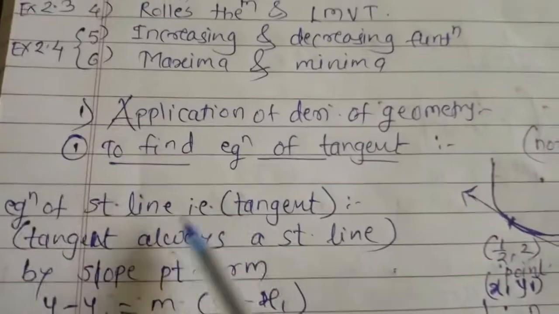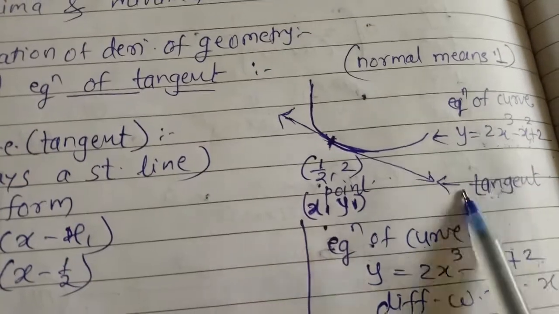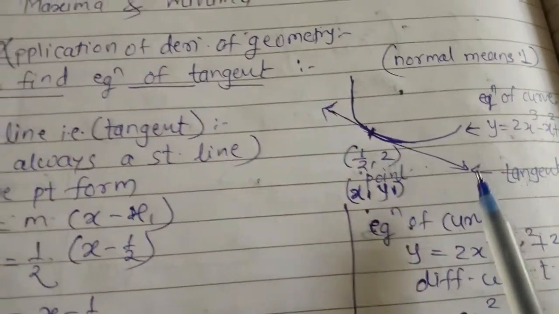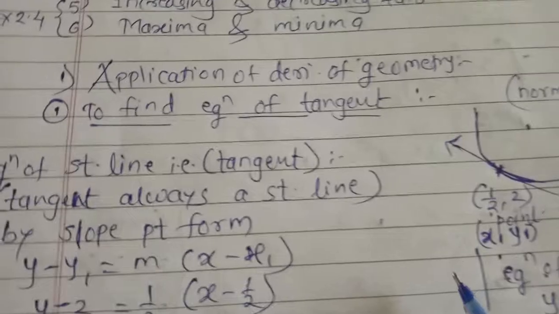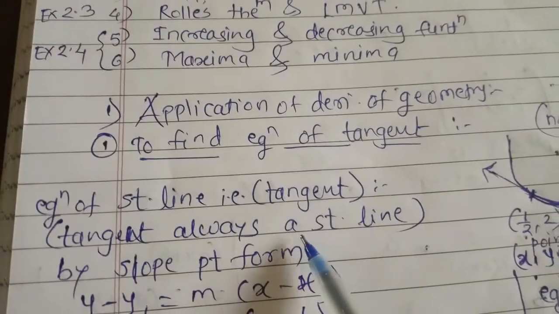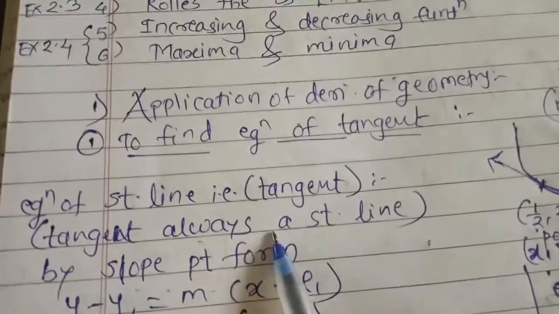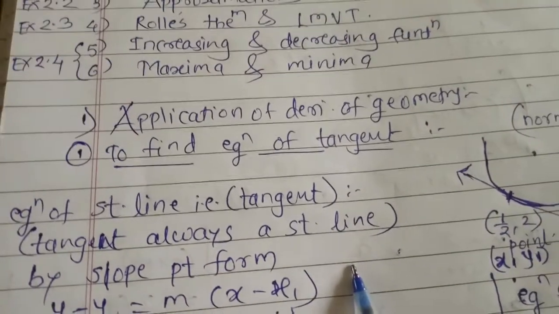Also keep in mind, tangent is nothing but a straight line. So we have to consider the tangent as a straight line. Tangent is always a straight line.